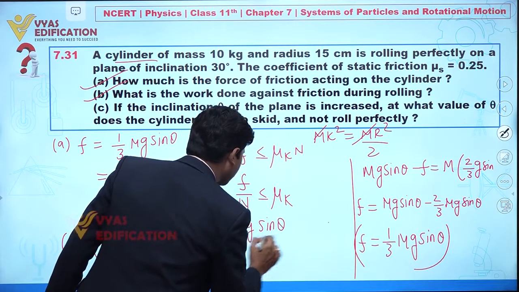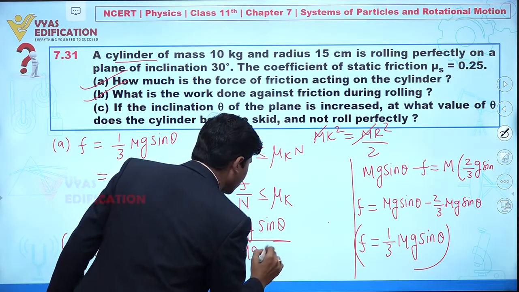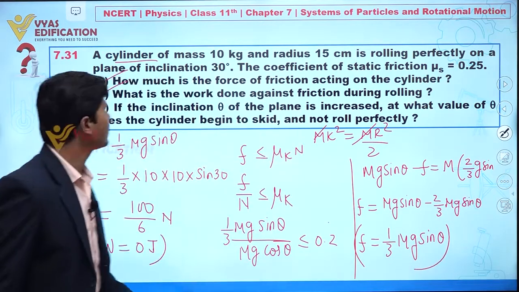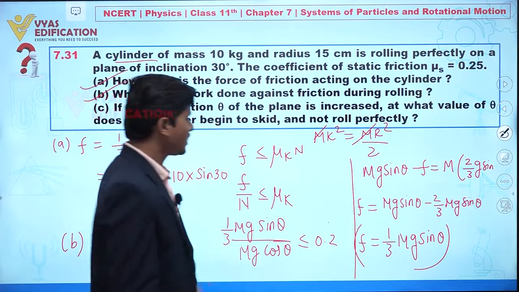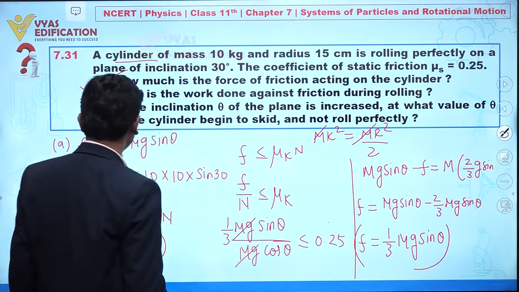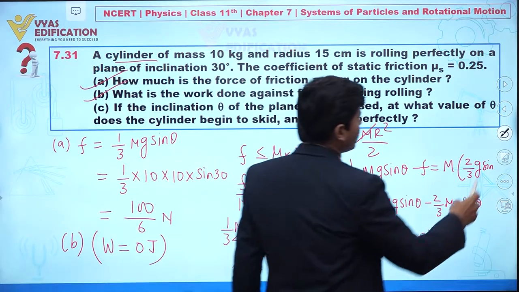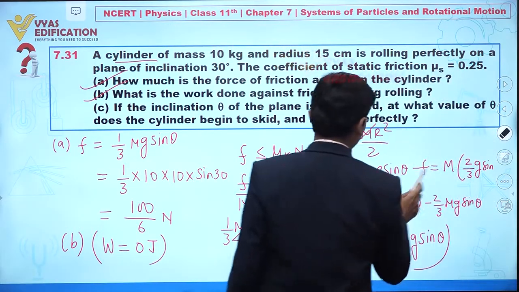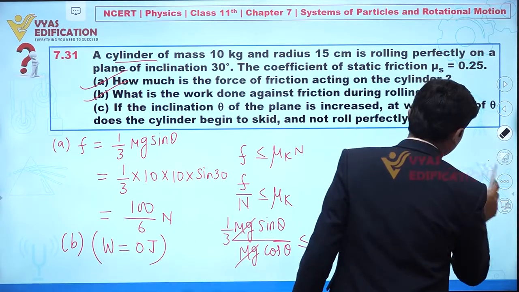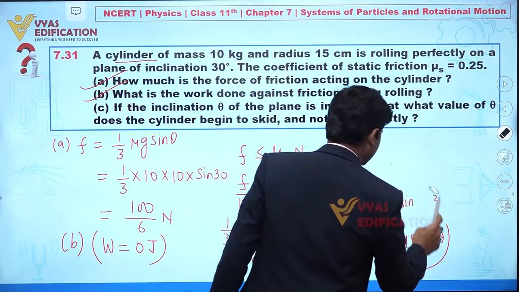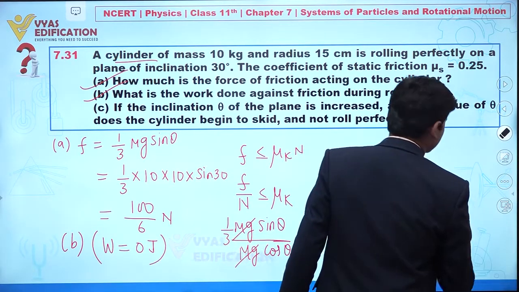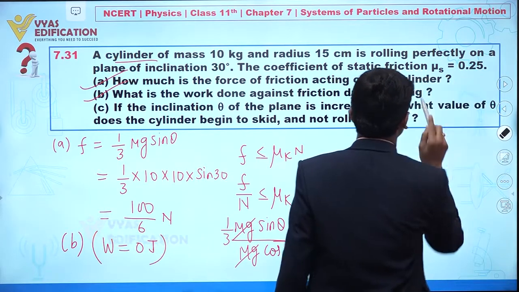It is divided by mg cos theta, and this should be less than or equal to 0.25. So from here this and this cancel out.